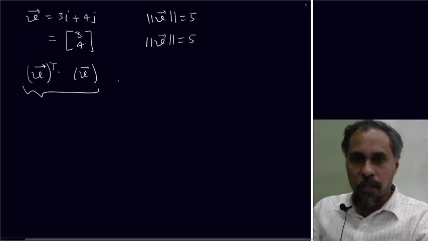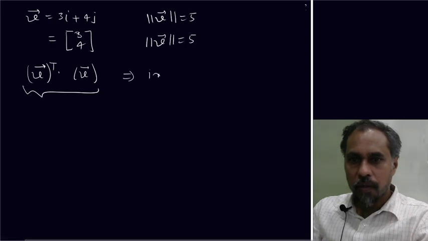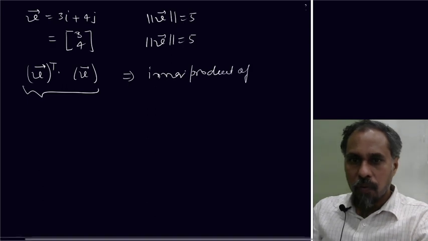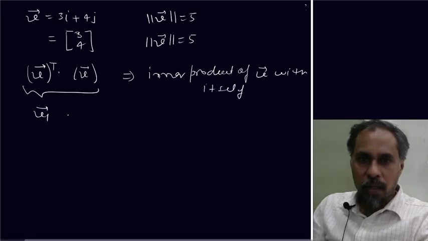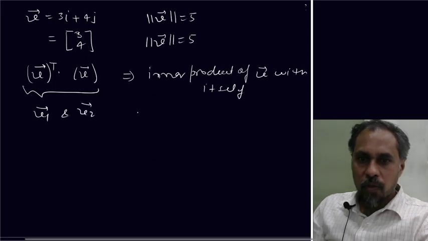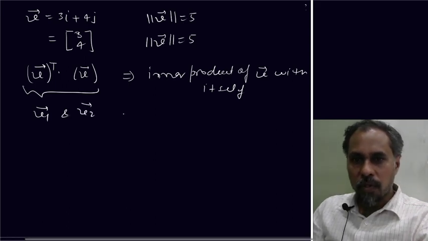This expression is called the inner product. Inner product of vector v with itself. In general, if I take two vectors v1 and v2, how to represent the inner product of these two vectors?